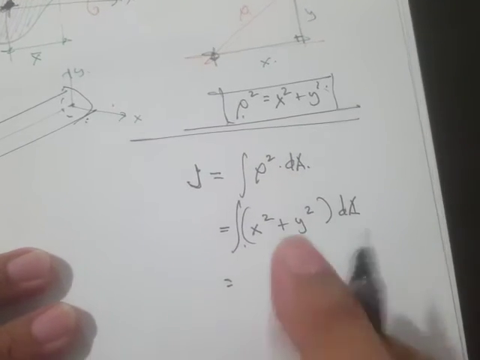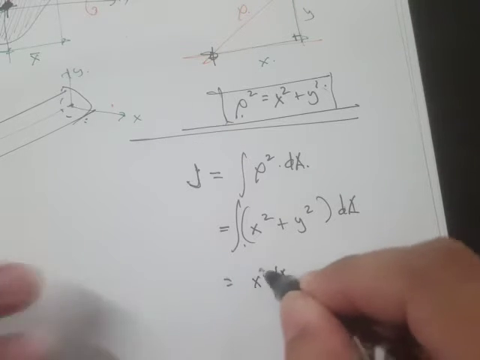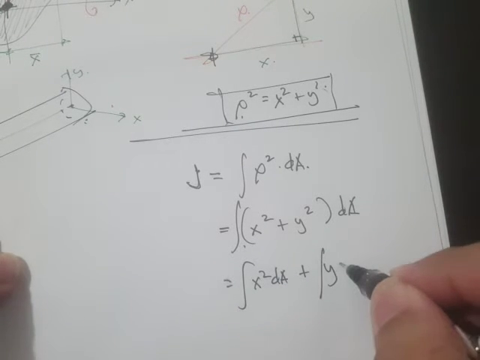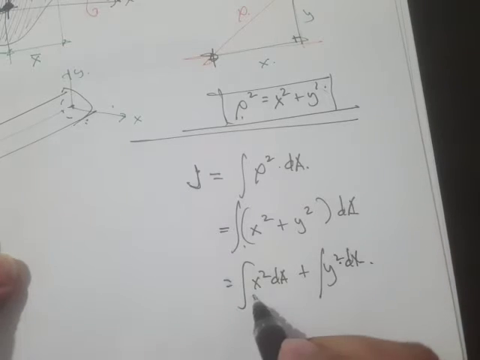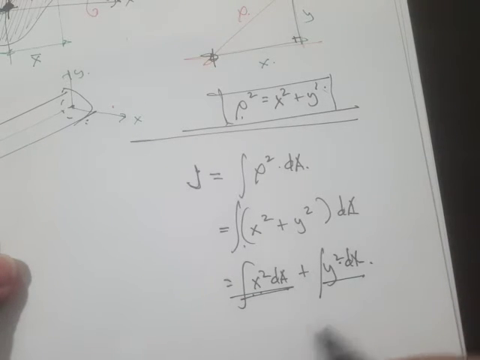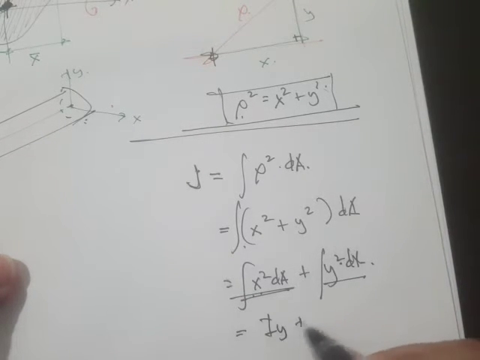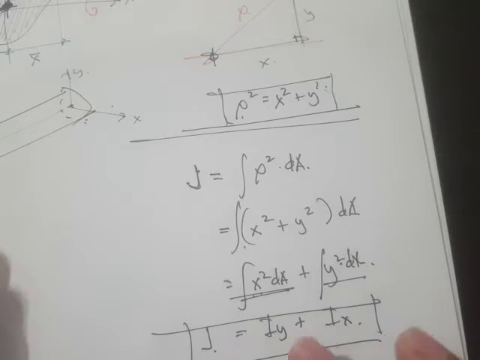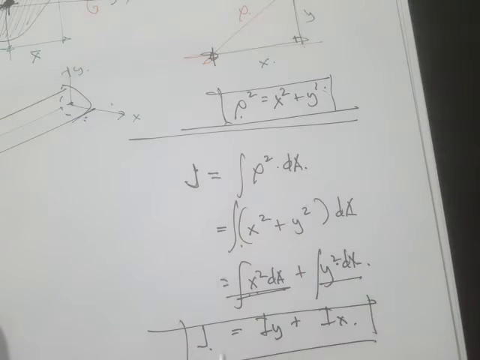And if we distribute, we get x squared dA plus y squared dA. So what are these? This is simply the moment of inertia along y and the moment of inertia along x. Therefore you can obtain the polar moment of inertia through the values Ix and Iy.